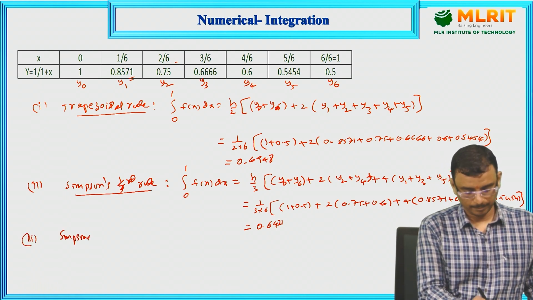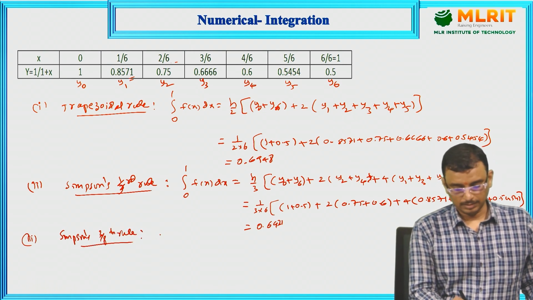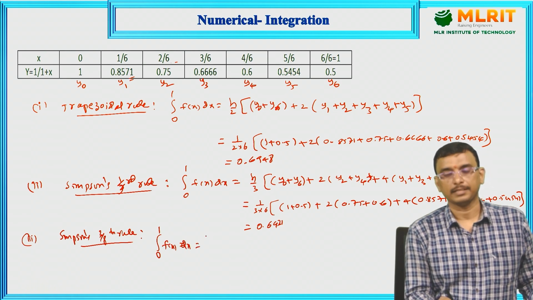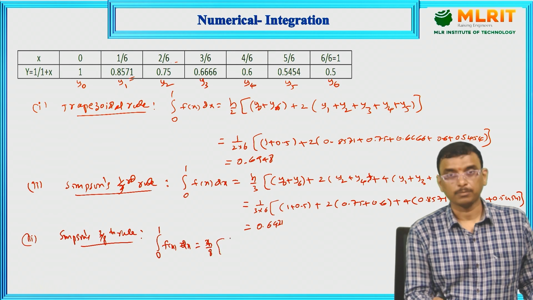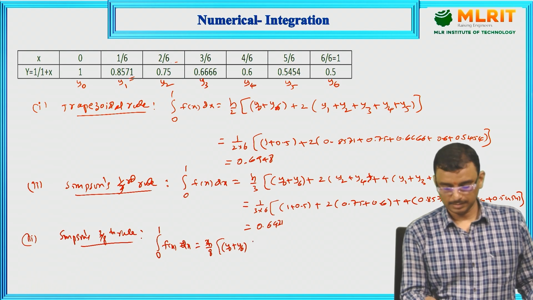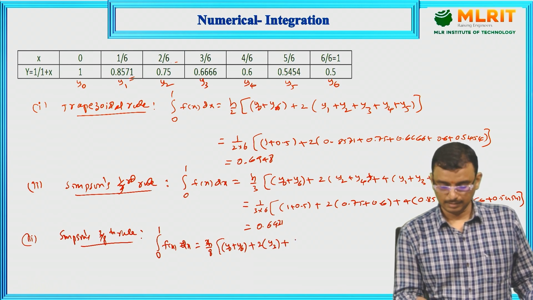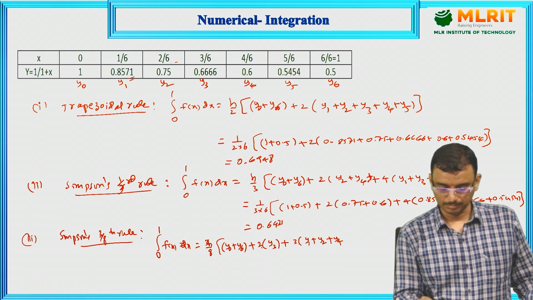Integral 0 to 1 f of x dx is equal to 3h by 8 into y0 plus y6, plus 2 times y3, only y3, because we have already written y6 here, plus 3 into y1 plus y2 plus y4 and y5.